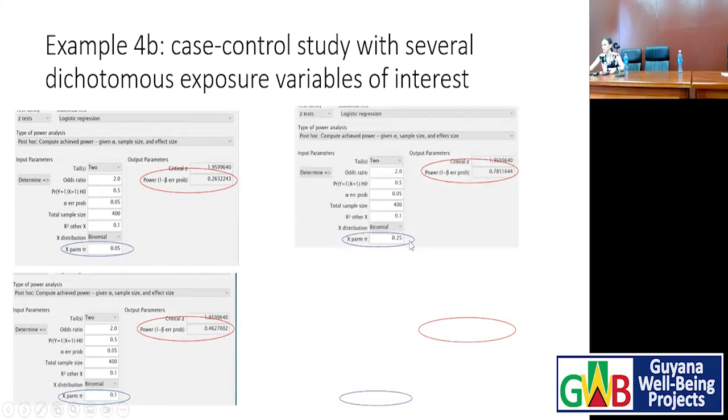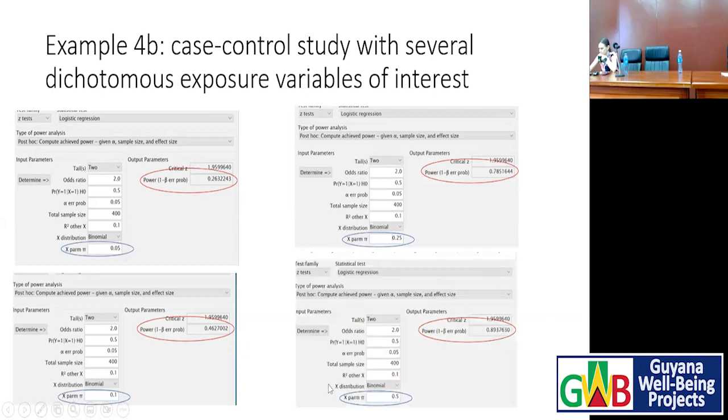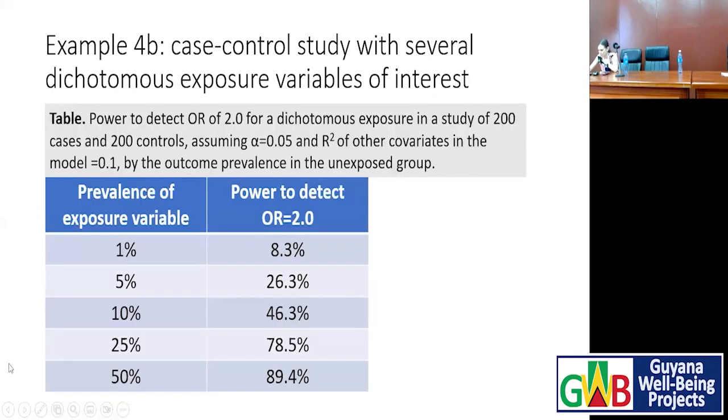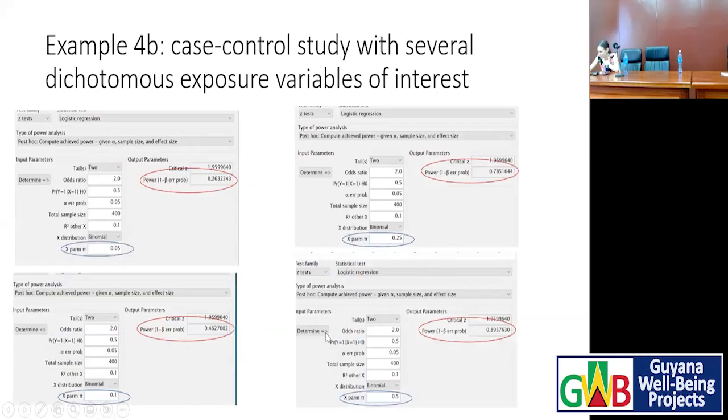Our 25% prevalence exposure: our power is up to 78.5%. And then for the 50% prevalence exposure, now we're up to 89% power.